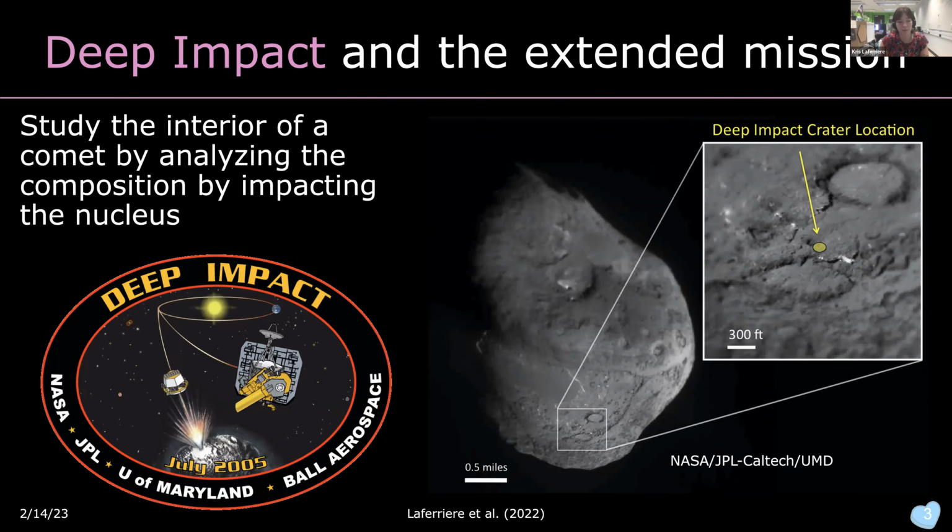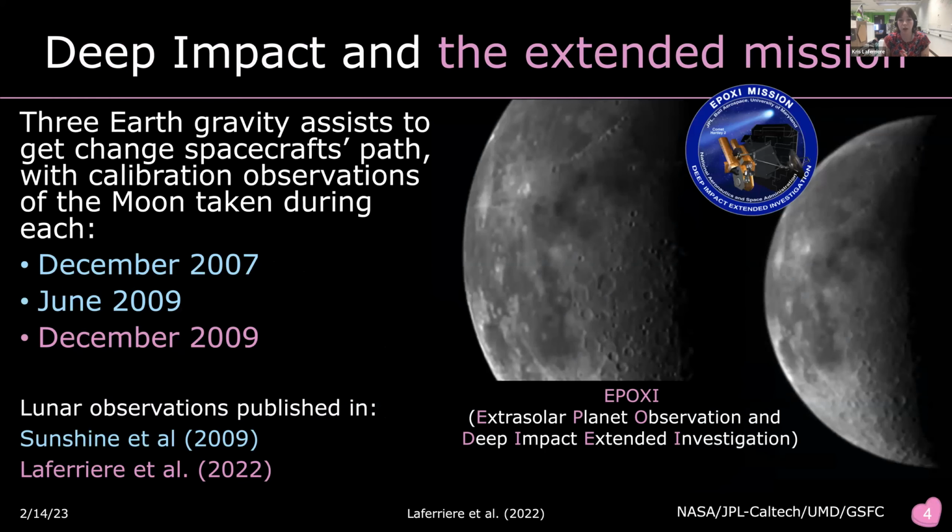So the spacecraft had 2 instruments aboard it for those sorts of observations, and they were both spectrometers, one high resolution, one mid resolution. But like many NASA missions, the spacecraft was well able to continue in its life, and so they did an extended mission, which was broadly called EPOXI, or Extrasolar Planet Observations and Deep Impact Extended Investigation, which was really 2 projects happening at once.